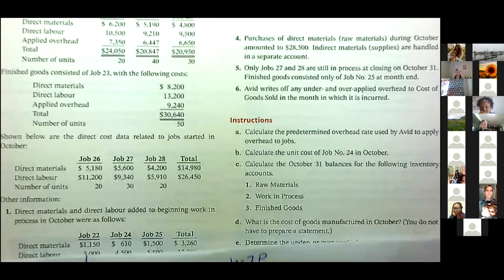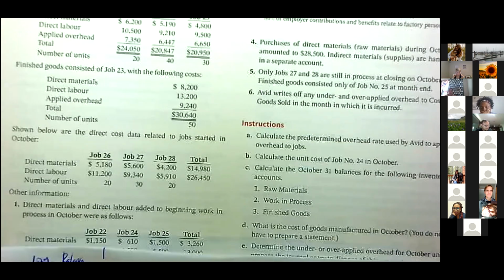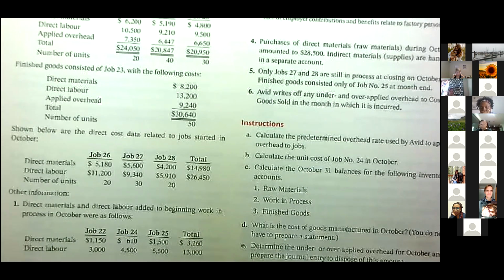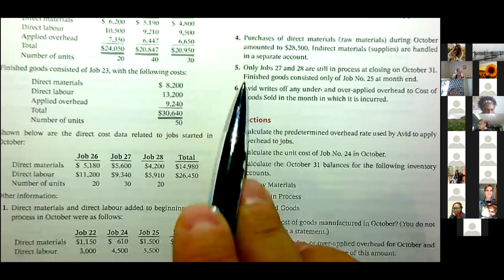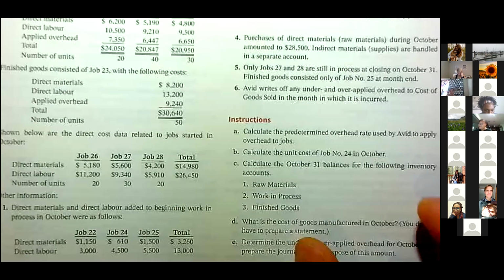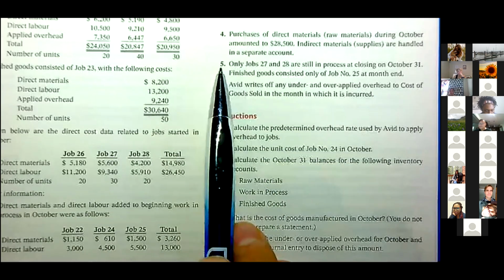Okay, so now finished goods inventory. Which one is finished? Take a look at number 5 again.